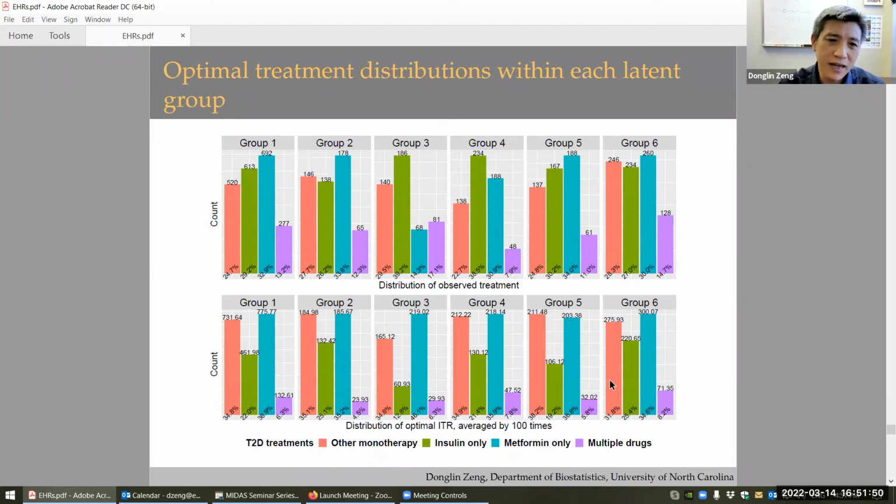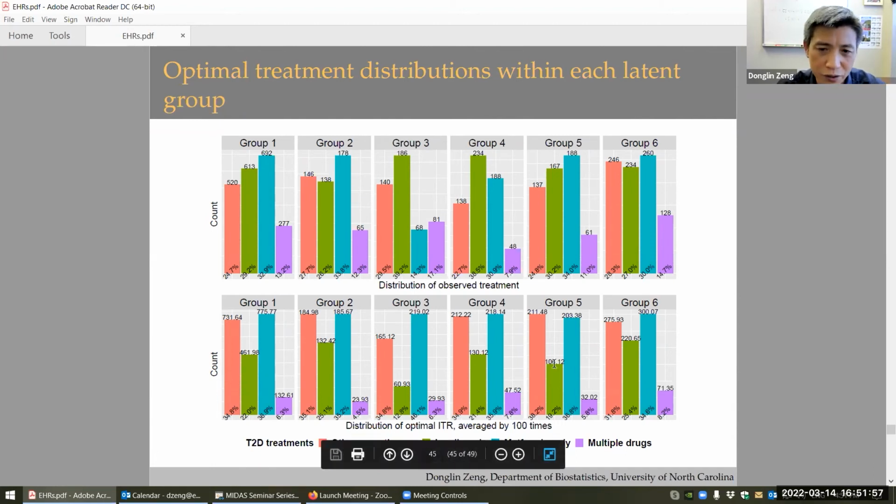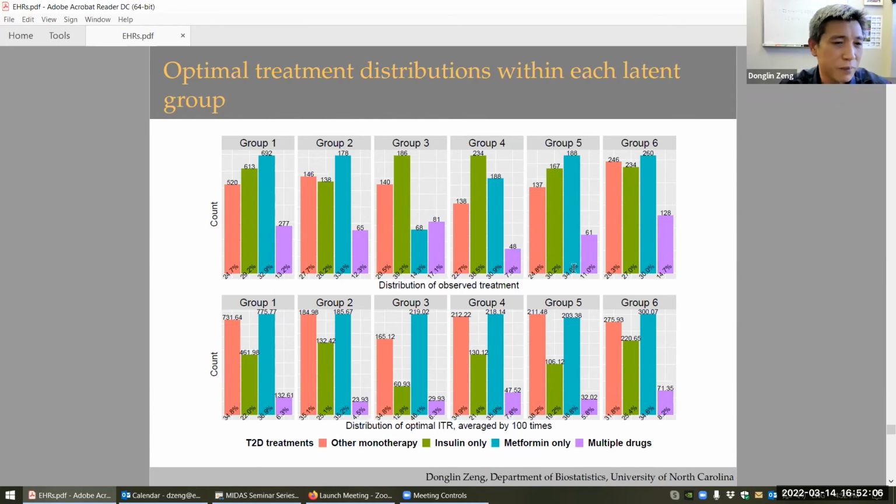We then tried to think about this. There are some explanations, but it's not fully satisfying because it's so observational. Maybe there is some historical information we did not fully capture. But on the other hand, it may also suggest that in practice, patients get insulin usually because metformin didn't work, based on some guideline.